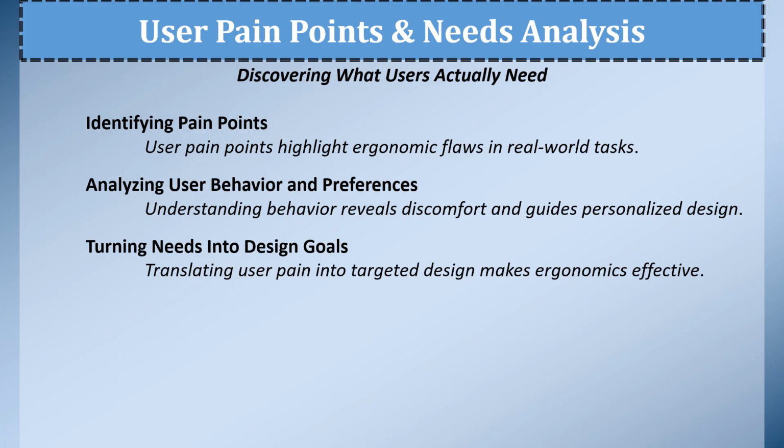Aligning the design goals with real needs ensures targeted, effective results. Understanding user pain points is the foundation of effective design. Needs analysis bridges the gap between observation and action, creating systems that truly support user well-being.